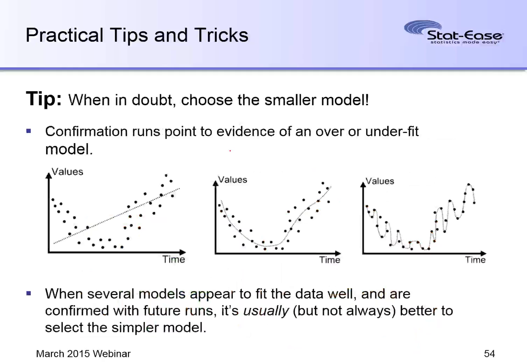When you're in doubt and you have several models that appear to be adequate, you'll probably want to go with a model that in general is smaller than one that tends to be larger. Now, as a disclaimer, this is generally true, but definitely not always. Here I give an example of a model that's underfit.